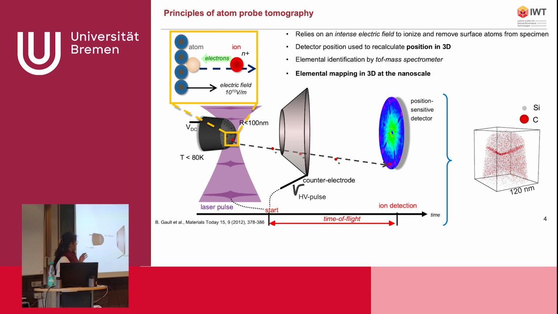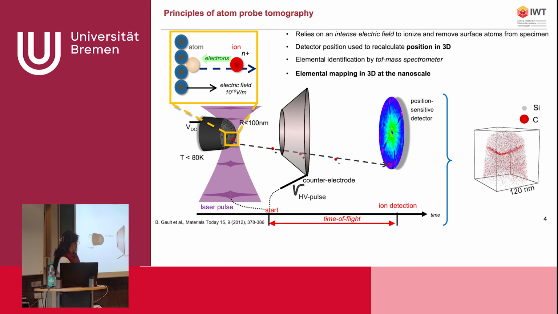So once we have our sample ready, I will show you how to prepare this in a slide later on. We put our sample here in the analysis chamber in front of a counter electrode. Then the sample is cooled down to temperatures below 80 Kelvin to really put aside any thermal effect. And we apply a DC voltage to the sample.